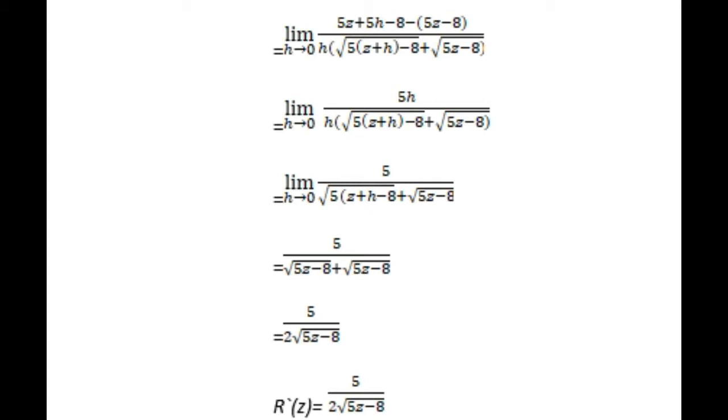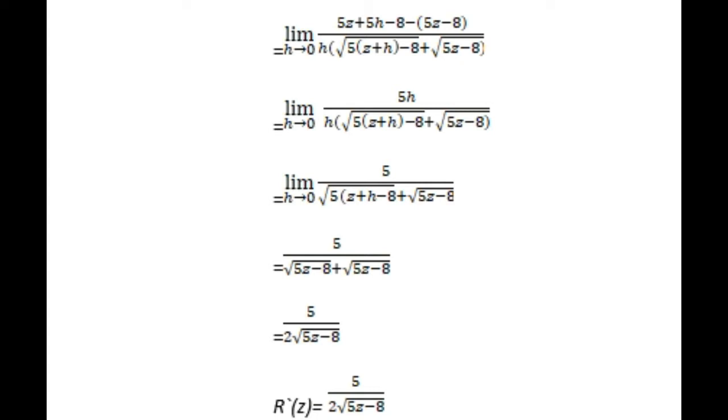Cancel out h. It equals the limit of 5 all over square root of 5 times z plus h minus 8 plus square root of 5z minus 8 as h approaches 0.